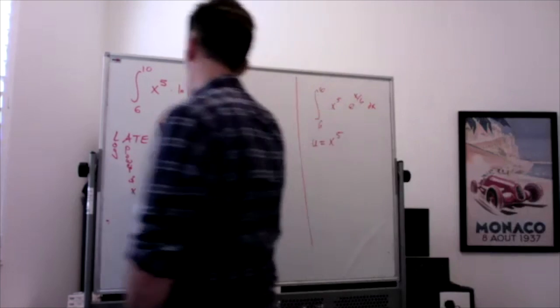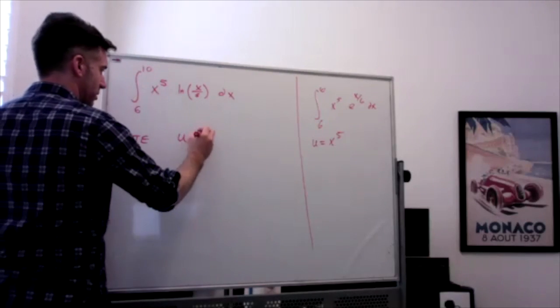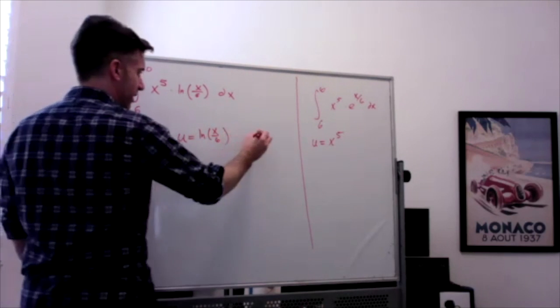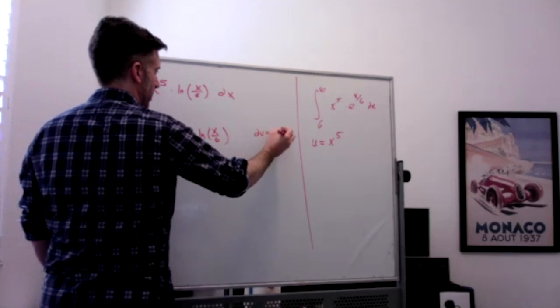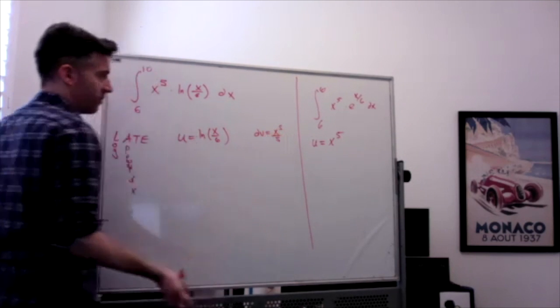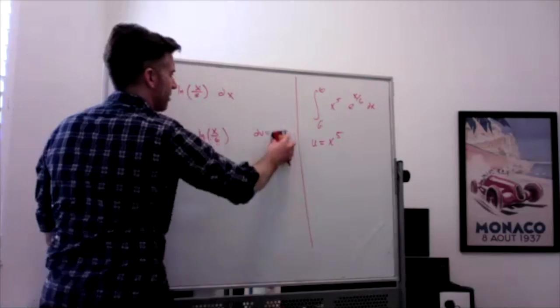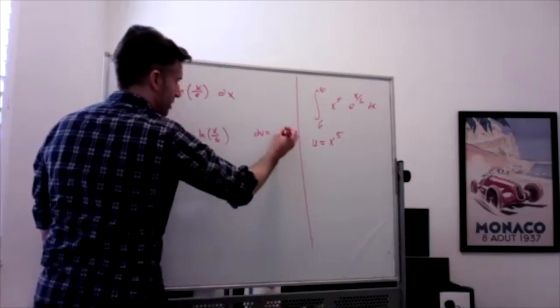Here, we're going to pick u equal to the natural log of x over 6. And then my dv is going to be everything else, which is x to the 5th times dx.